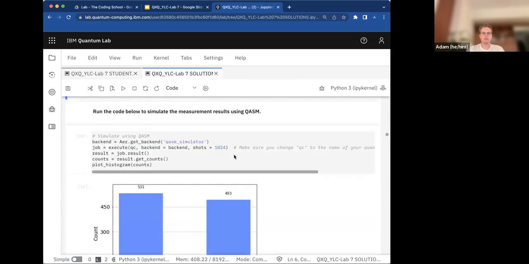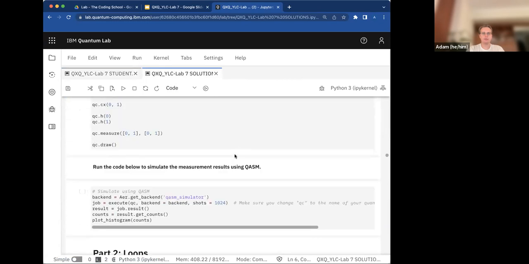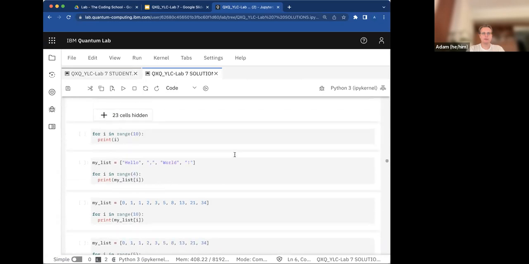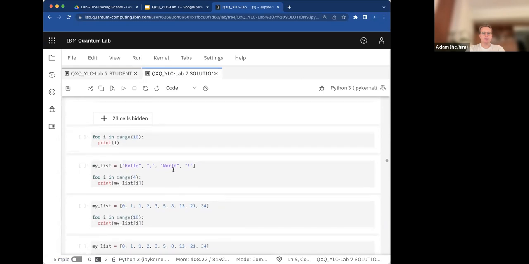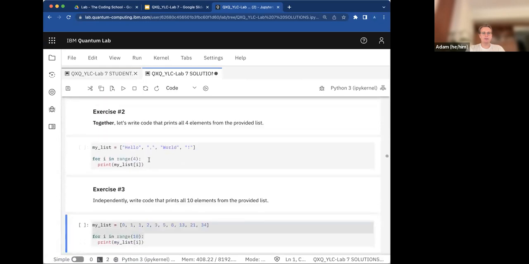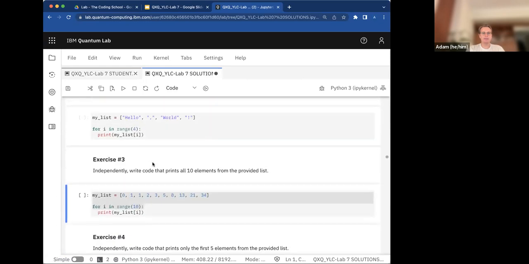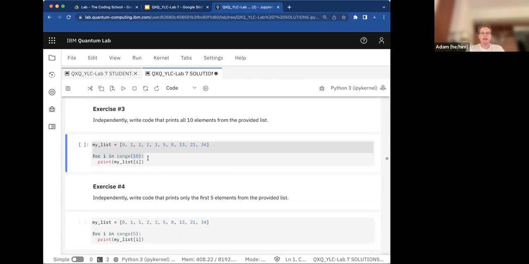So let's scroll down to the loops. So again, we looked at exercises 1 and 2. We can also look at, there we go, exercises 3 through 5.